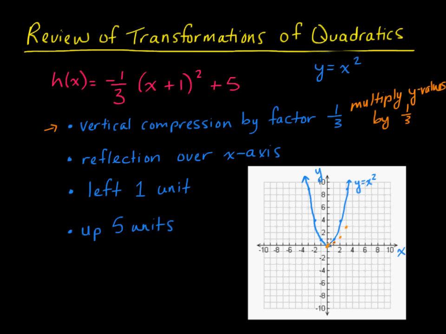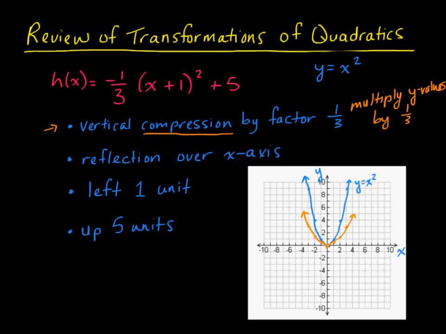So there's half of the parabola so far. On the other side, because of the symmetric properties of a parabola, the y values are going to be the same as on the right-hand side. And so that's the parabola after just the vertical compression.